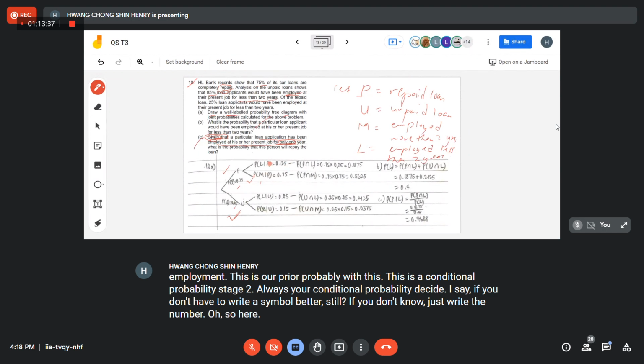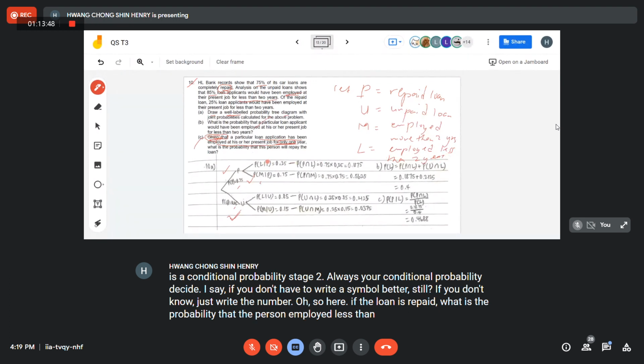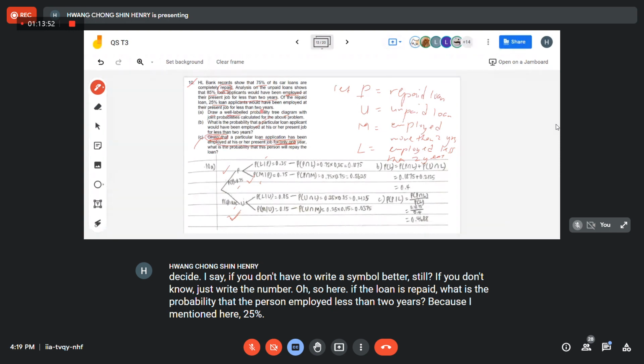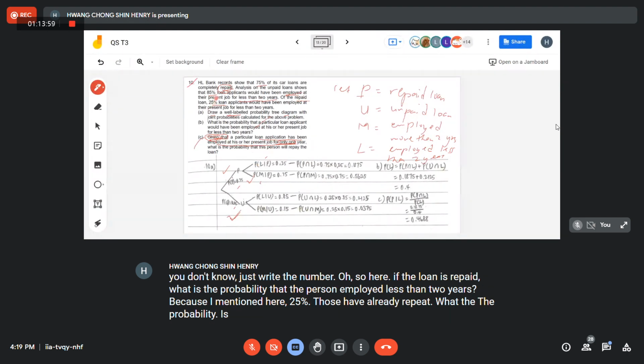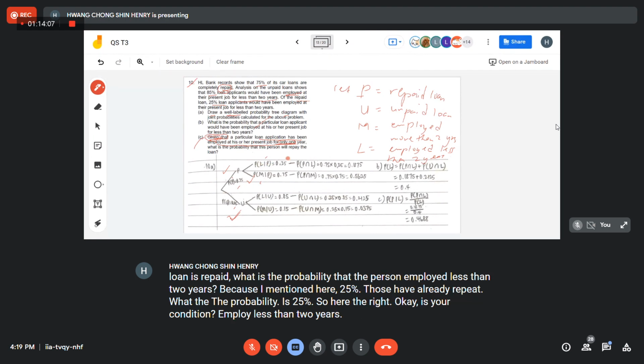So here, if the loan is repaid, what is the probability that the person is employed less than 2 years? The question mentions 25%. So here they write P as your condition: employed less than 2 years, 0.25.